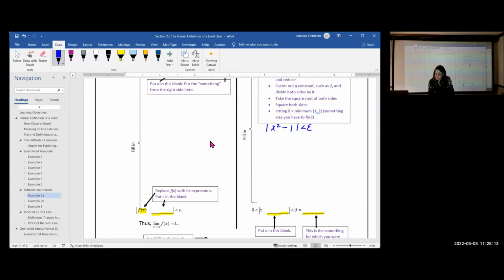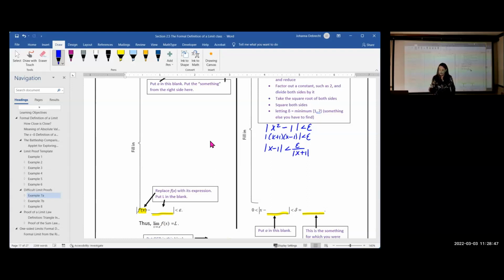Our next step will be to factor the left-hand side, which gives us x plus 1 and x minus 1 in parentheses, inside the absolute values, less than epsilon. We want the x minus 1 because that is x minus a. The a value was 1. So we're going to divide both sides by the absolute value of x plus 1. That leads us to the absolute value of x minus 1 less than epsilon over the absolute value of x plus 1.